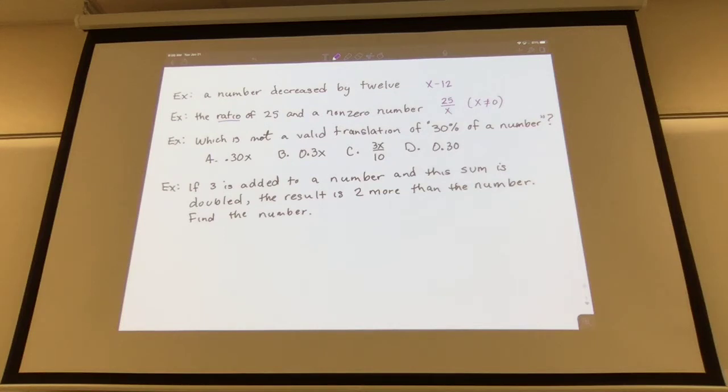All right, which is not a valid translation of 30% of a number? So what does the of tell us we're doing? Multiply. Okay. 30% of a number. Which one's not valid? If I was to rewrite 30% as a decimal, how do you go from percent to a decimal?